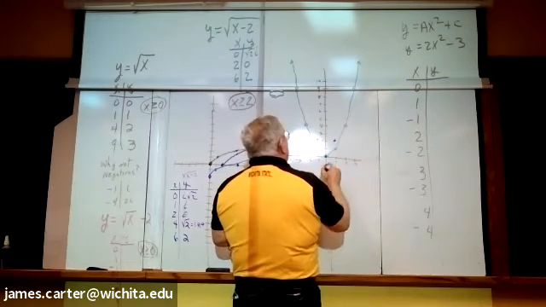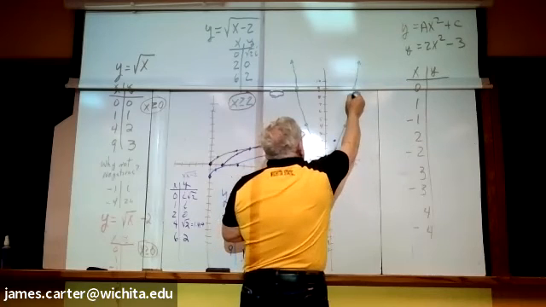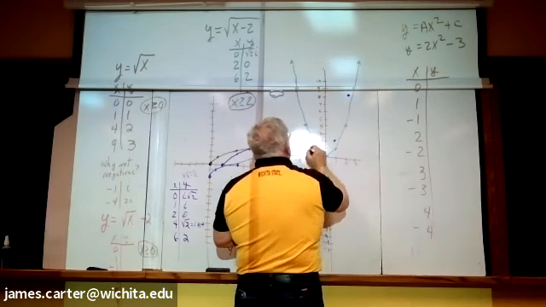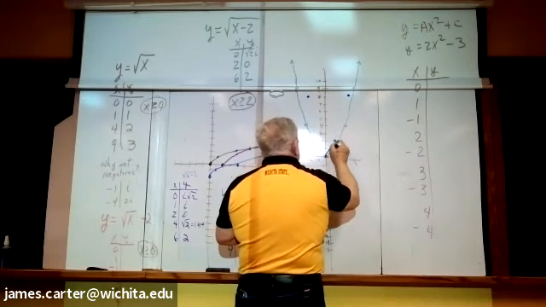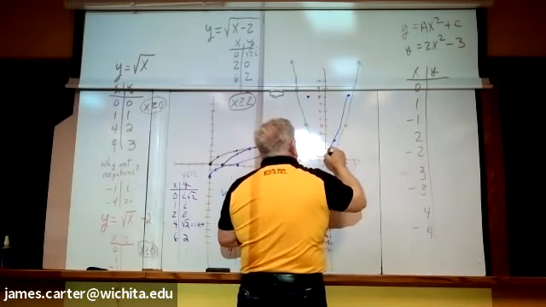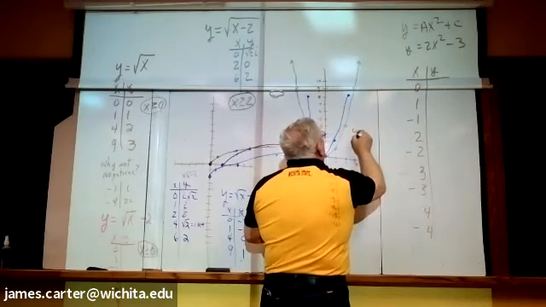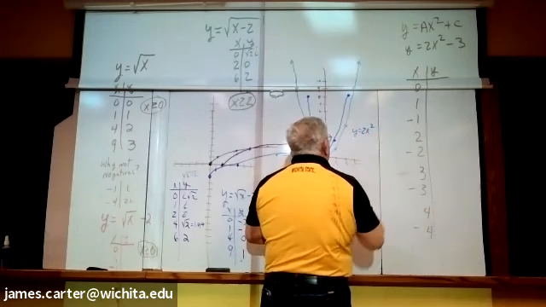Then instead of 4, it'll be at 8. And for x equals -2, it'll be at 8. So here is my graph of y equals 2x squared.